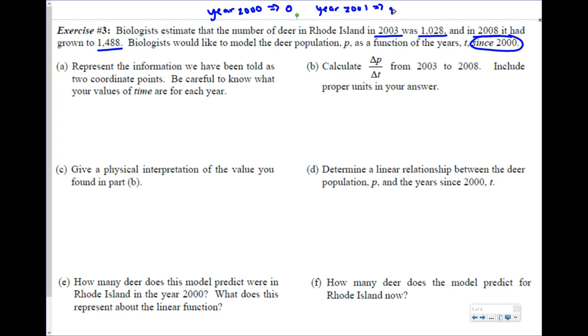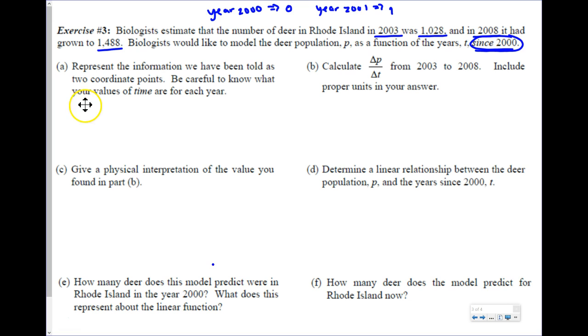So letter A says represent the information we've been told as 2 coordinate points. The first coordinate point, you'd originally think, and I'm going to write this but don't copy this down, normally you'd think, oh, 2003, 1028, right? Because that's the 2 pieces of information. But the part that I circled and just talked about, that's not correct. The year 2003 actually gets converted into the number 3.